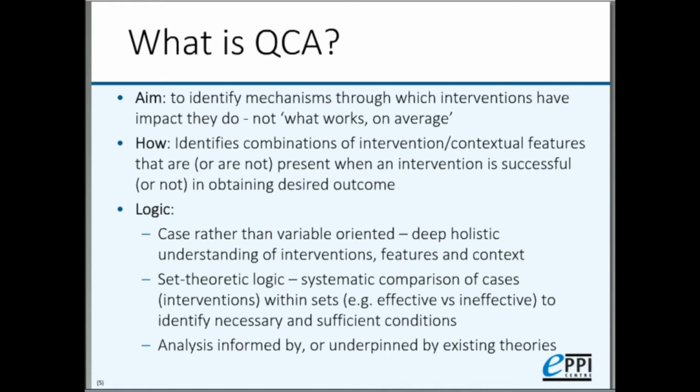The analysis should always be informed by or underpinned by existing theories. So we're not looking for any old set of conditions and the degree of overlap with the successful outcome, or the outcome set. They have to be theory-based.